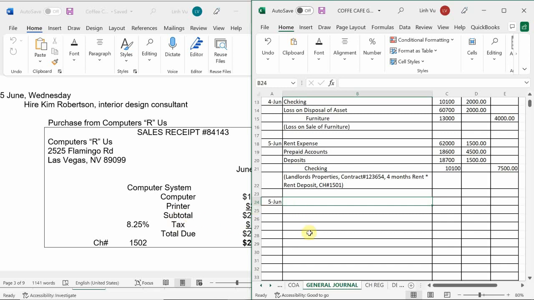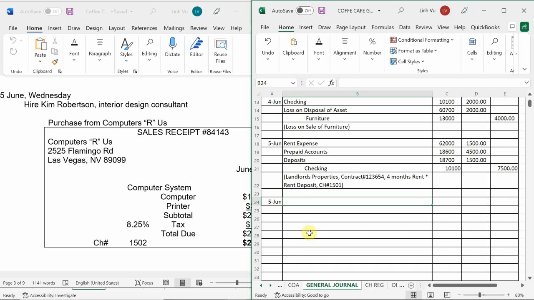So we bought a computer, we bought a printer, and how did we buy it? How did we pay for it? On account? Not on account. It says down here that we used check 1502. Oh, we paid with checking. Okay, so there you go. We established what the transaction is. We sorted out our information.